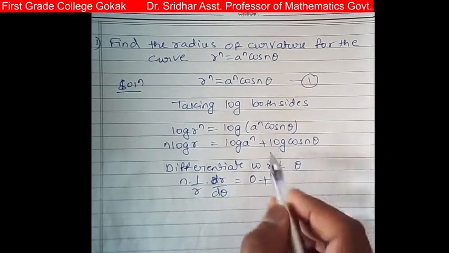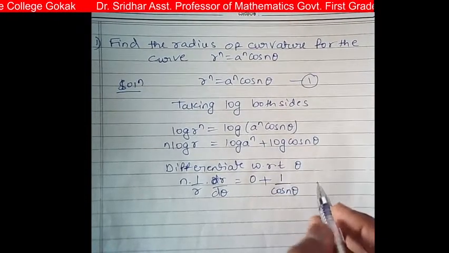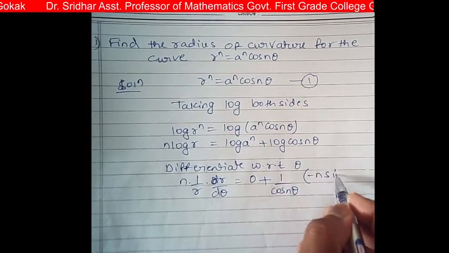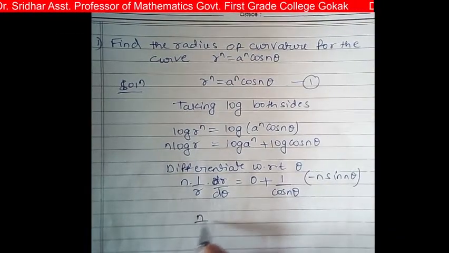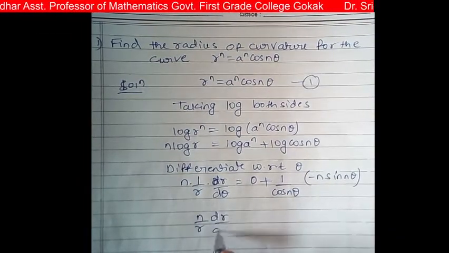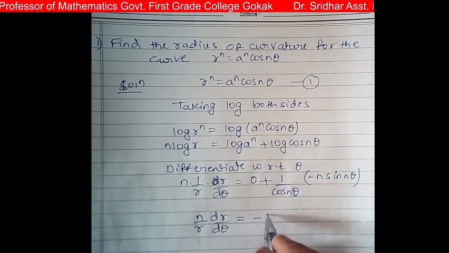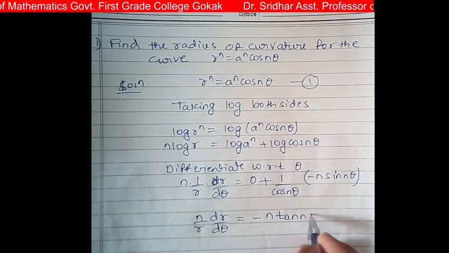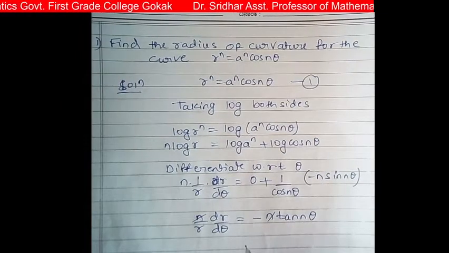Now here differentiation of log cos n theta is 1 by cos n theta. Next differentiation of cos n theta is minus n sin n theta. This can be written as n divided by r dr by d theta is equal to minus n sin n theta by cos n theta, which is tan n theta. So here both n and n get cancelled.